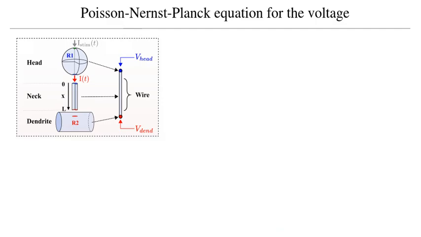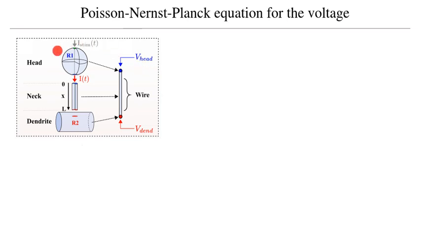So the Poisson-Nernst-Planck equation for the voltage. Here we are going to make the following model and approximation. Instead of considering the entire Poisson-Nernst-Planck in the entire structure, we are going to simulate only in the neck. Why is that?